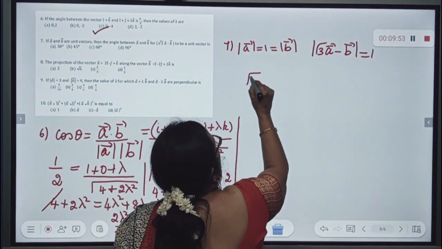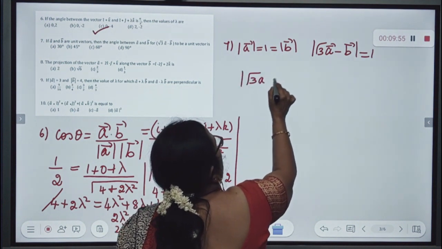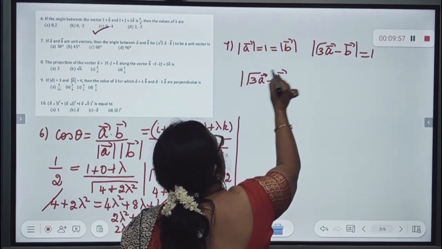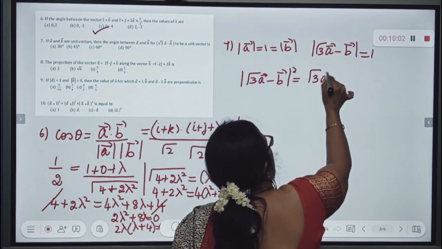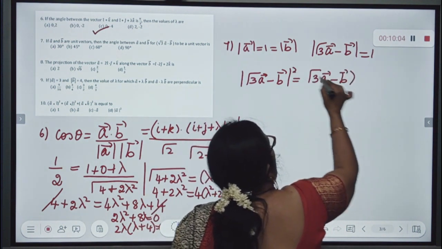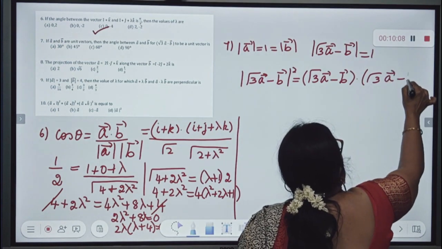So modulus of root 3a minus b the whole square is equal to root 3a vector minus b vector dot root 3a minus b.